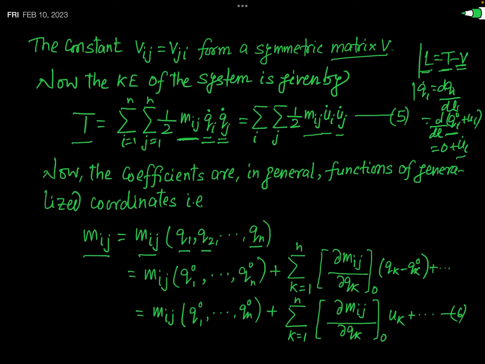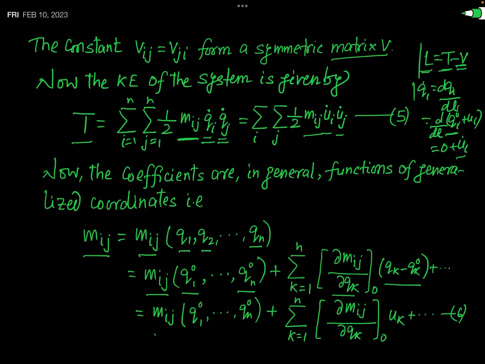So Mij at q1, q2, so on qn is equal to Mij at q10 to qn0 plus summation k from 1 to n of del Mij by del qk at equilibrium, times qk minus qk0, plus so on.